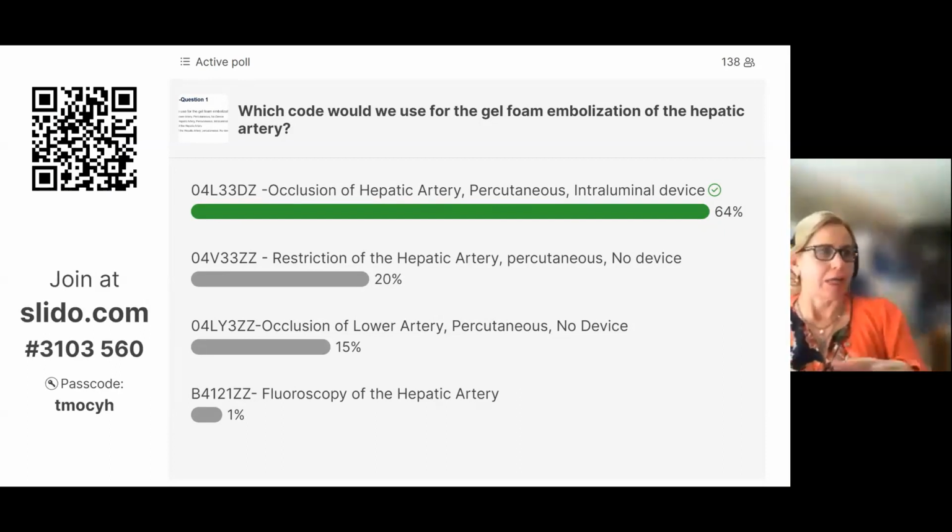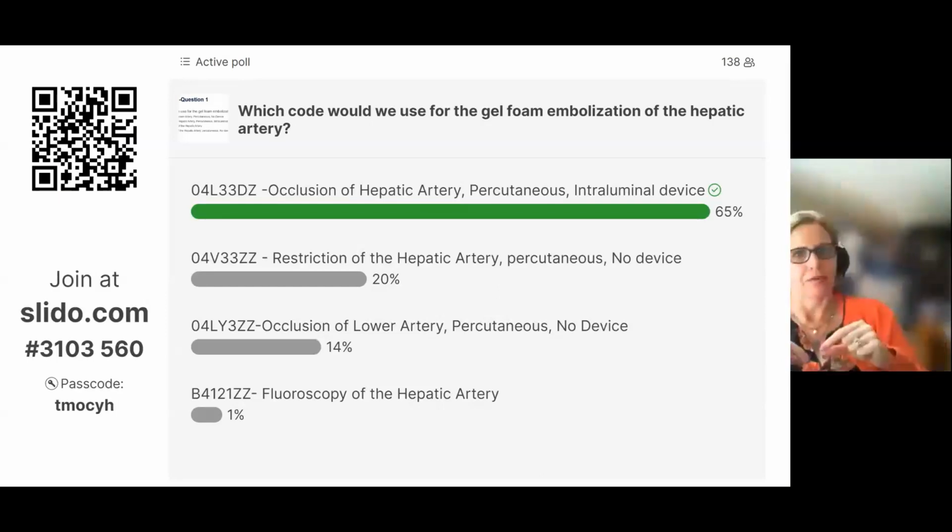I found one that talked about gel foam use. It says to use occlusion and the intraluminal device, because the gel foam is cut into little pledgets, and those pledgets are considered a device, even though it dissolves and goes away.